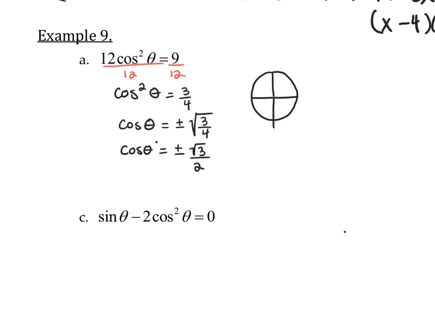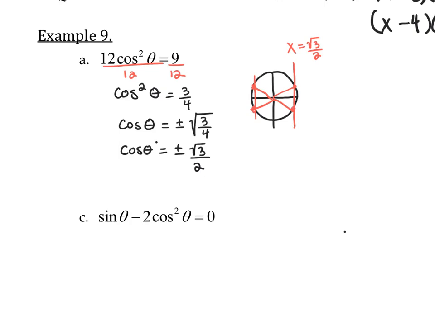It's positive root 3 over 2 at a 30, 60, 90 triangle, or at pi over 6. So this is the line x equals positive root 3 over 2, which actually intersects the unit circle in two places, and then negative square root of 3 over 2 is over here, which also intersects at two more places.